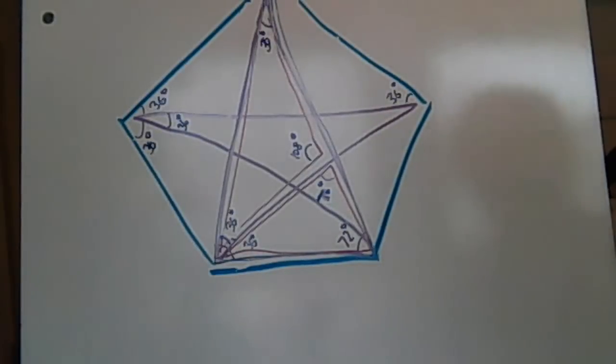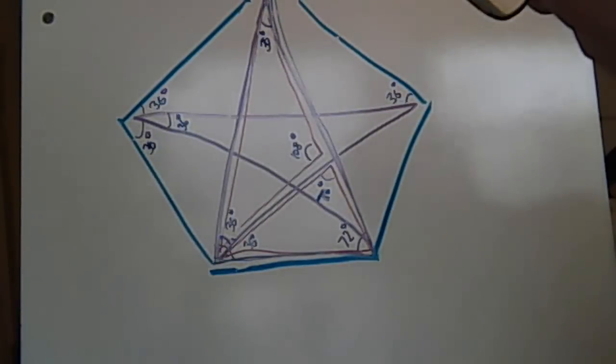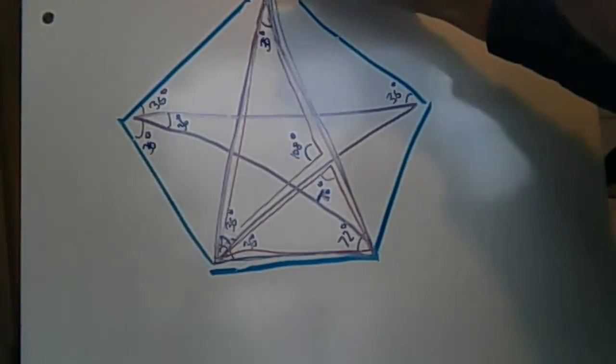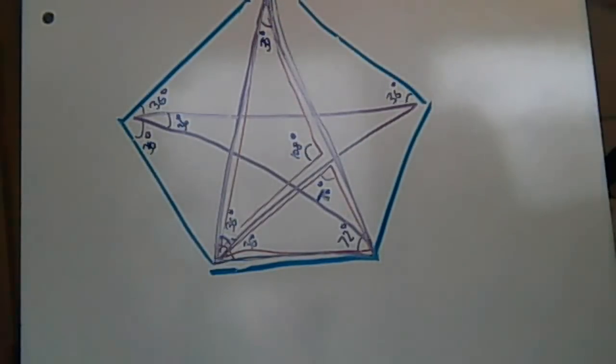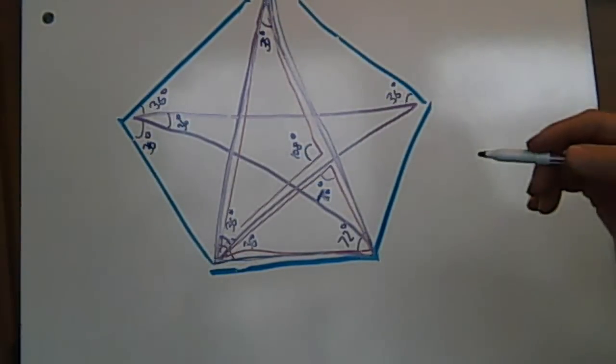And this all just came out of a regular pentagon and using some very fundamental geometry on the properties of triangles. Now, where the golden ratio comes in here is the following.